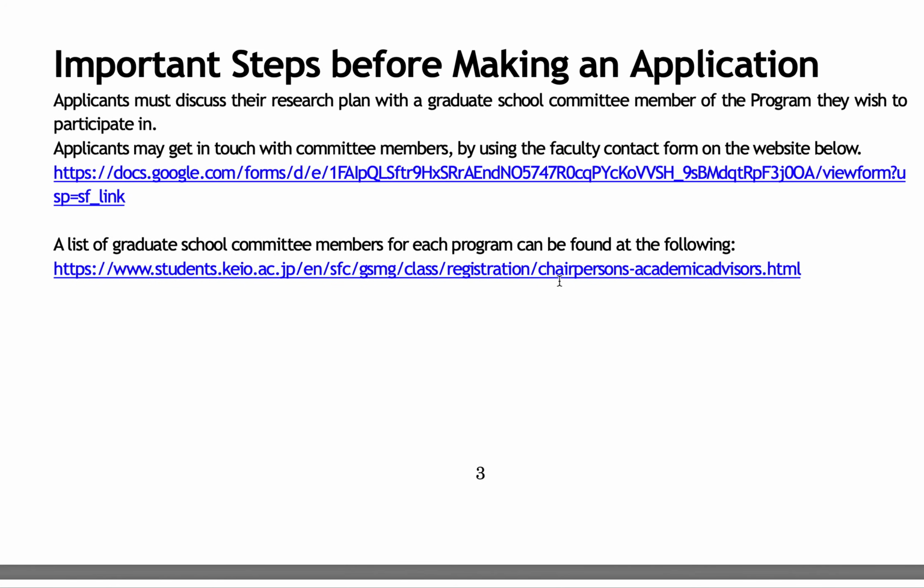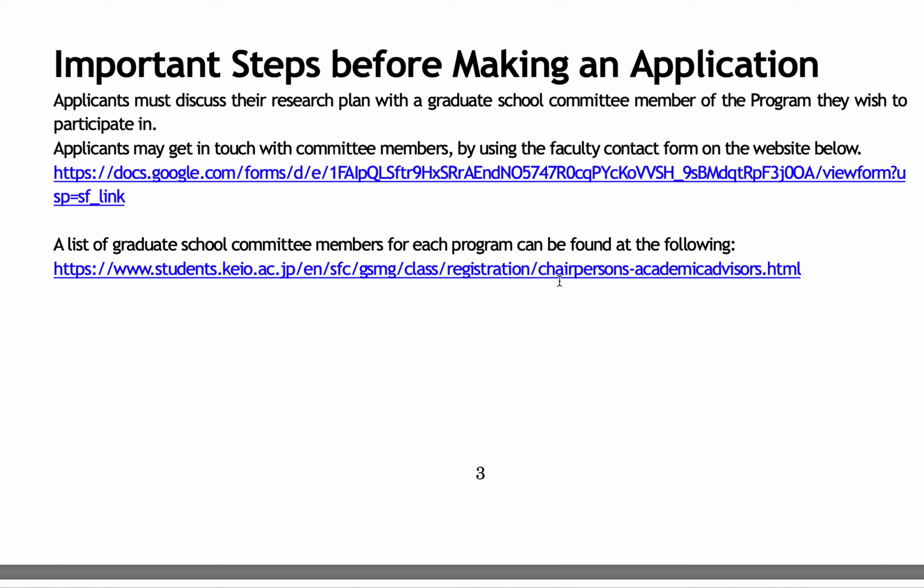Let's look at the important steps before making an application. You should find a thesis advisor at Keio University first. The teaching styles of Keio University and Yonsei University are very different. In Yonsei University, especially if you are in GSIS, you don't need to write a thesis for graduation, right?